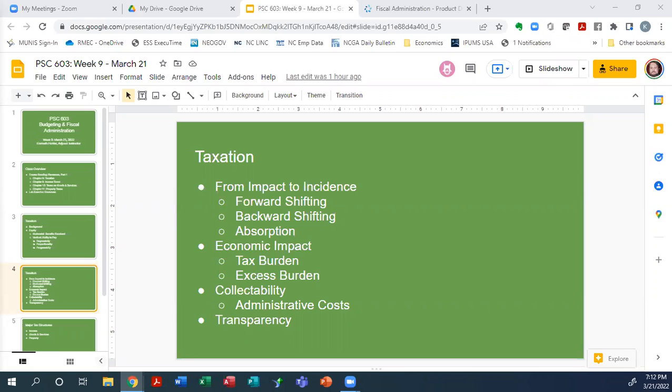The excess burden really is the overall cost of paying that tax. So for example, in economic theory, there's this idea of the multiplier effect when money is being spent in the economy. And I'll go back to that luxury tax example with boats.